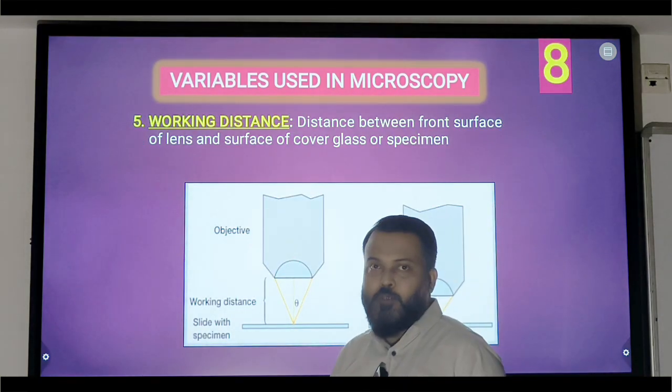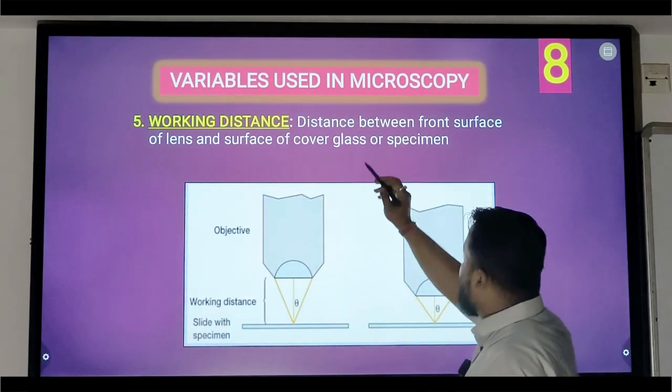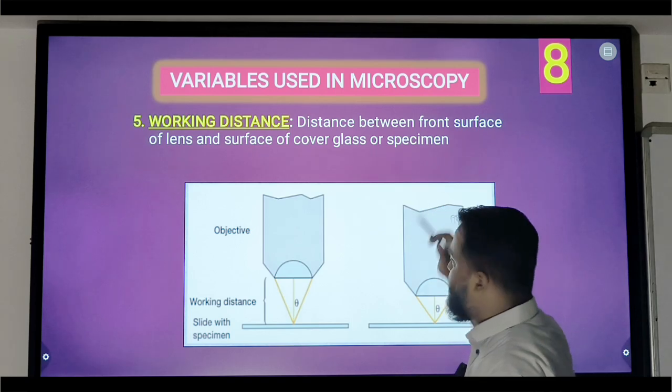Next variable, which is the working distance. Now what does working distance mean? It is the distance between the front surface of the lens and the surface of the cover glass or specimen.